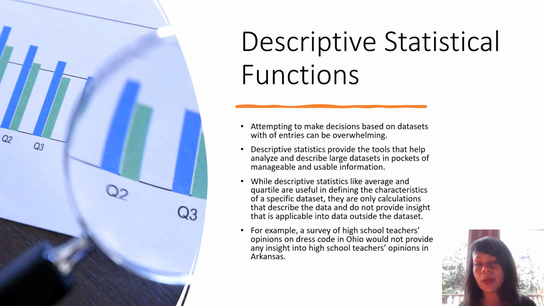So remember that while descriptive statistics like average and quartile are useful in defining the characteristics of a specific data set, they're only calculations that describe the data, and they don't provide insight that's applicable to data outside of the data set. You can only describe the data that you're looking at, like relationships between those different data within the set, but not something that's outside of it.